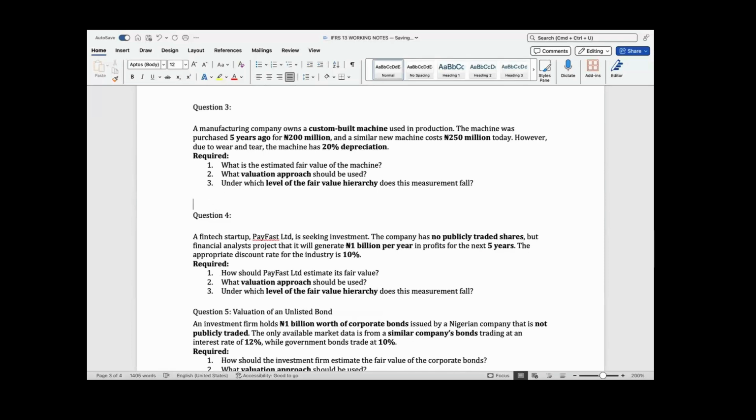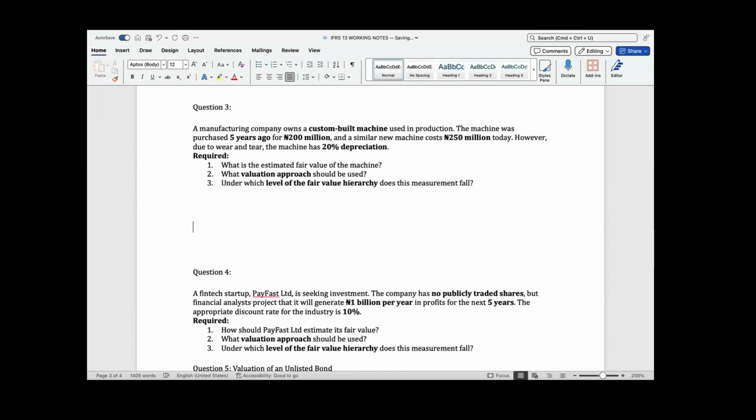Can we read the next one? Question 3. A manufacturing company owns a custom-built machine used in production. The machine was purchased 5 years ago for 200 million naira, and a similar new machine costs 250 million naira today.